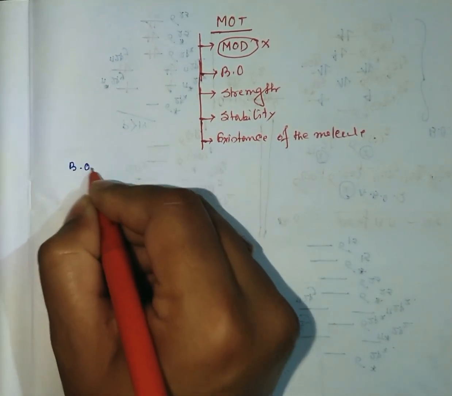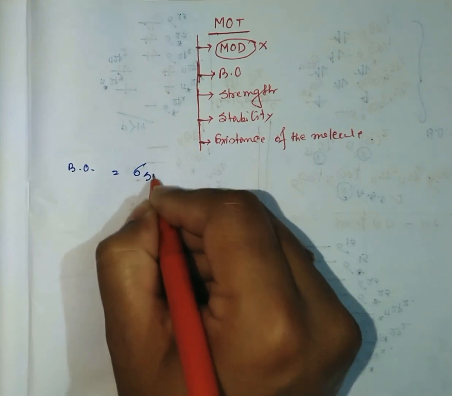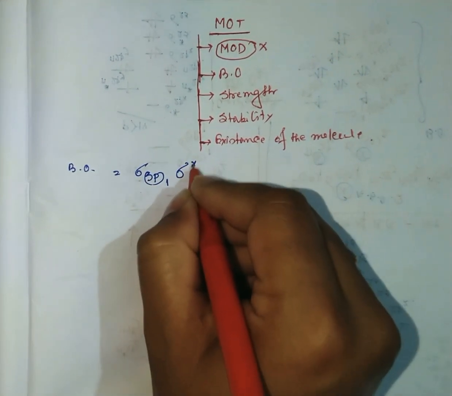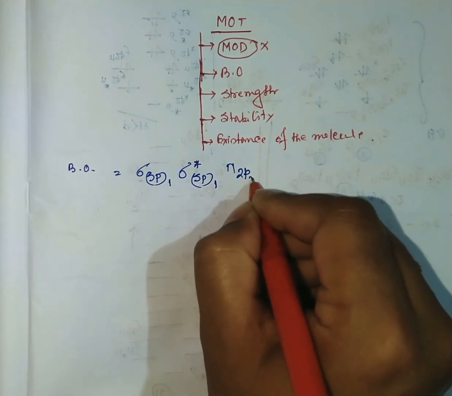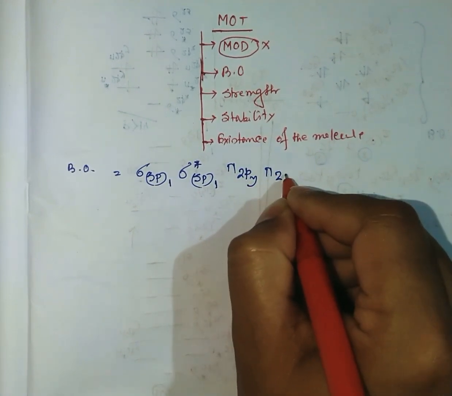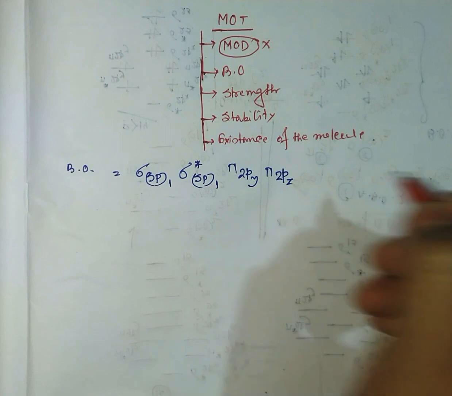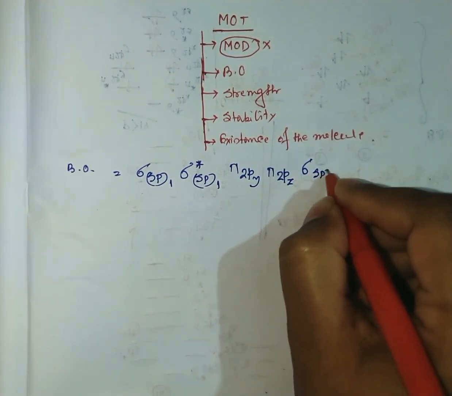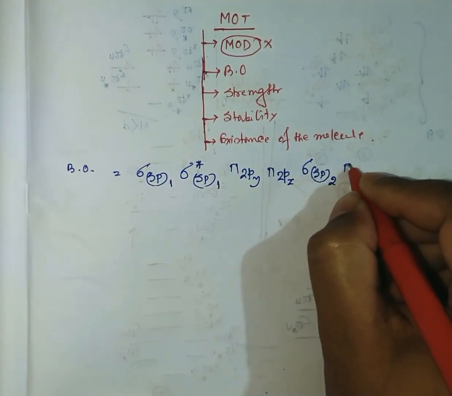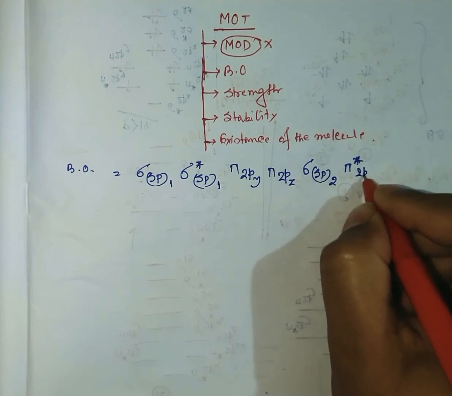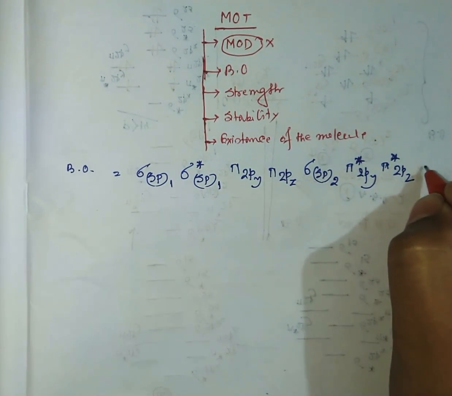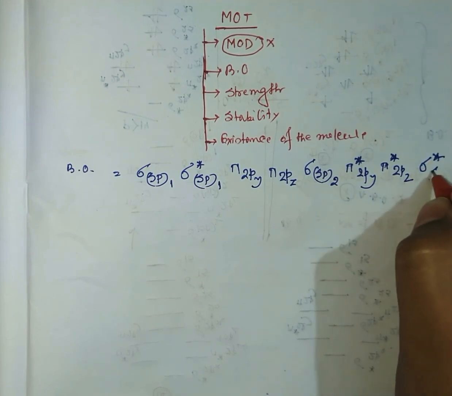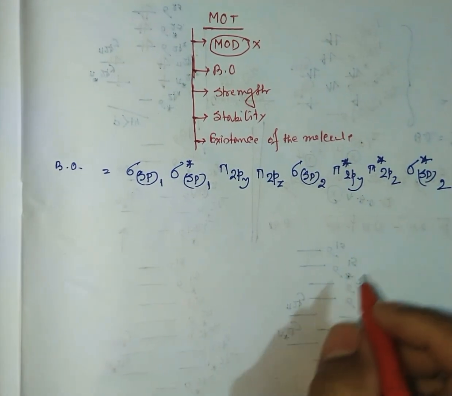Bond order calculating formula: sigma 1s, sigma star 1s, pi 2py, pi 2pz, sigma 2p, pi star 2py, pi star 2pz and then sigma star 2p.